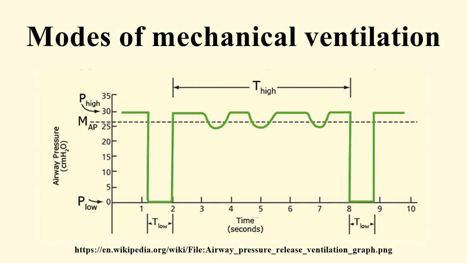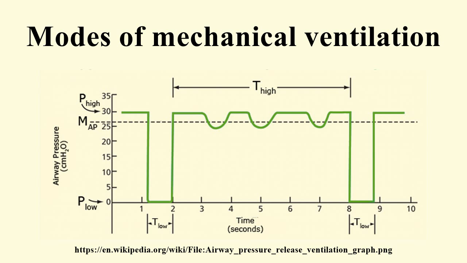Breaths are classified by the criteria that trigger and cycle inspiration. The start of inspiration is called the trigger event. The end of inspiration is called the cycle event. Trigger and cycle events can be initiated by the patient or the machine. Inspiration can be patient-triggered or patient-cycled by a signal representing inspiratory effort.